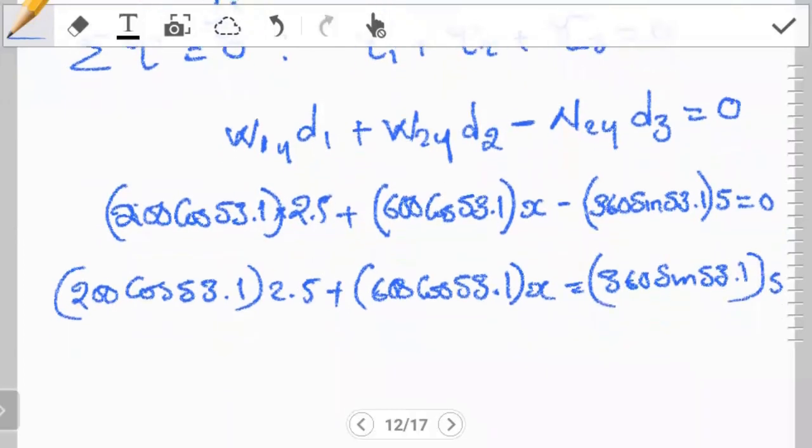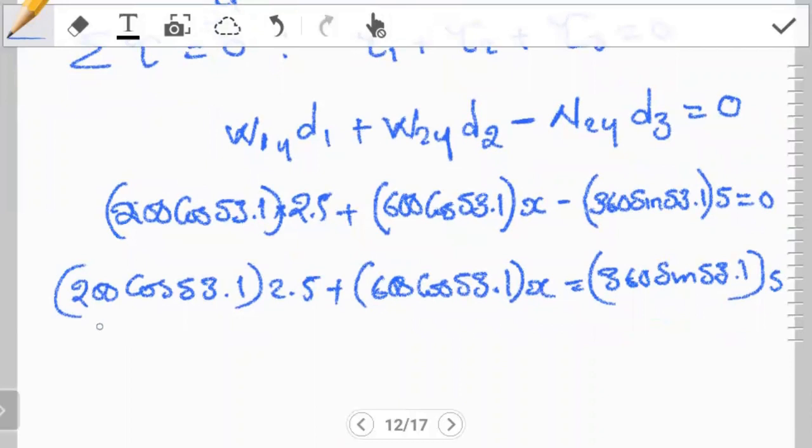Now for simplicity, when I simplify these, I'm going to write them to two decimal places, since I want the answer also in two decimal places. So I'll keep writing these to two decimal places.